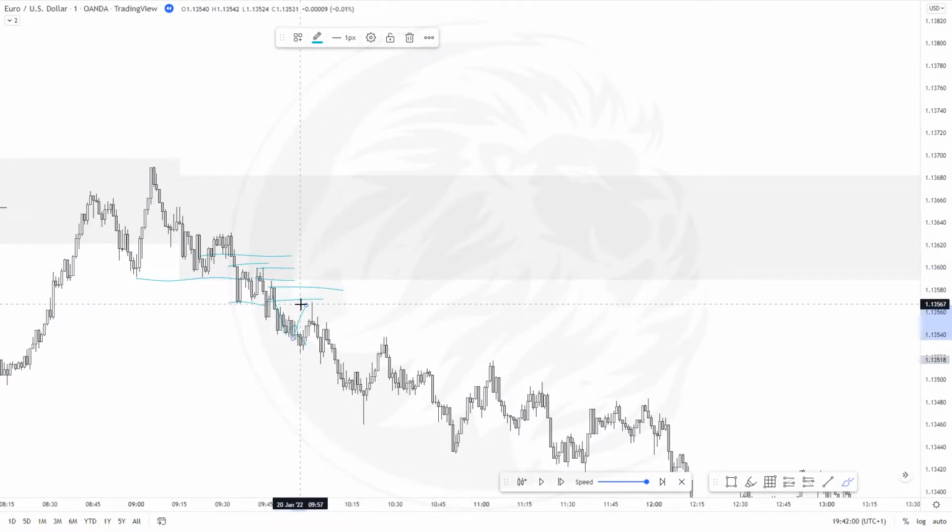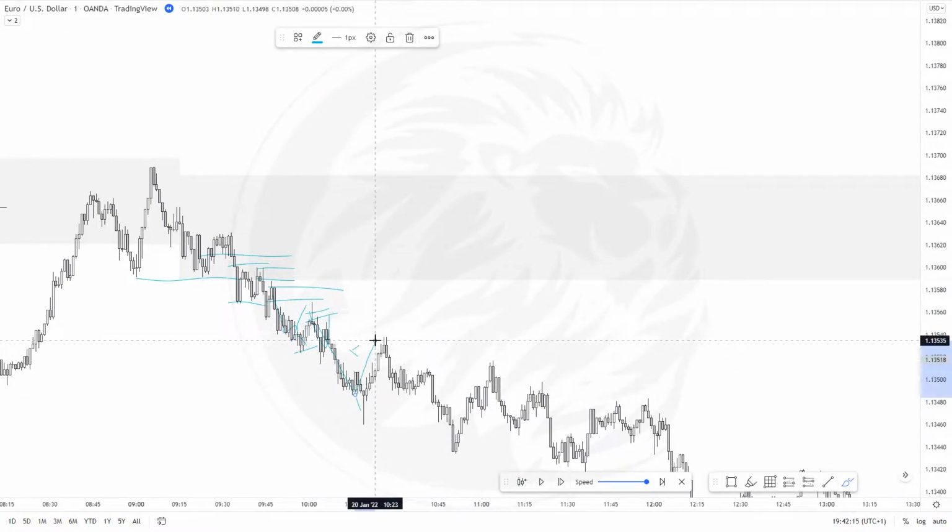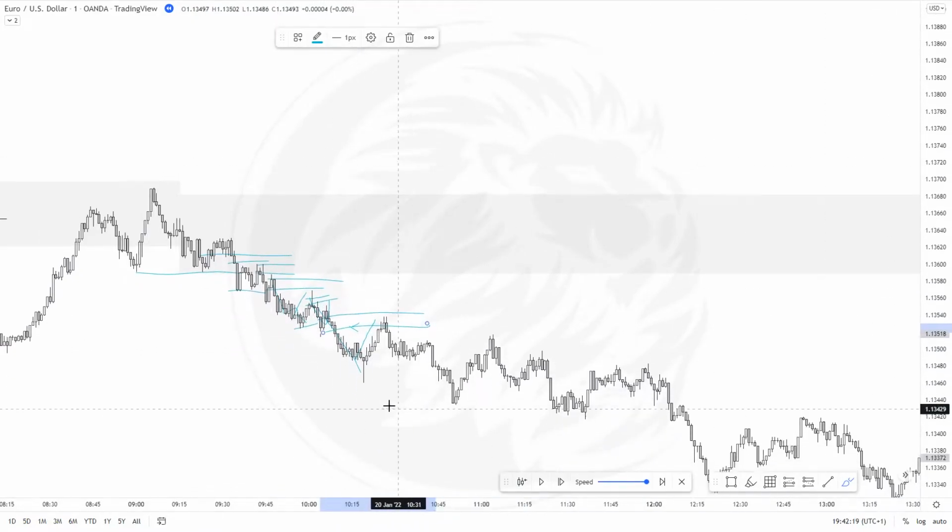Maybe it rests open 1 pip or something like that, but in 2 minutes it mitigates. Here market breaks structure, comes back and mitigates. Market breaks structure, creates liquidity, comes back, mitigates. Market breaks structure here, comes back and mitigates.